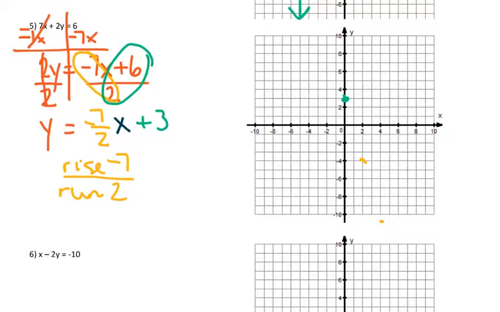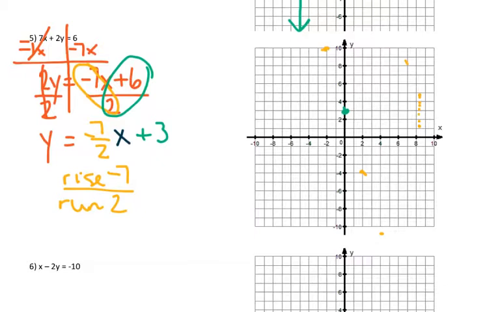I can also go in the opposite direction, so I can go up 7 and left 2 and have a point there. That gives me points all the way across my grid. I grab my straight edge and I need to connect the dots.